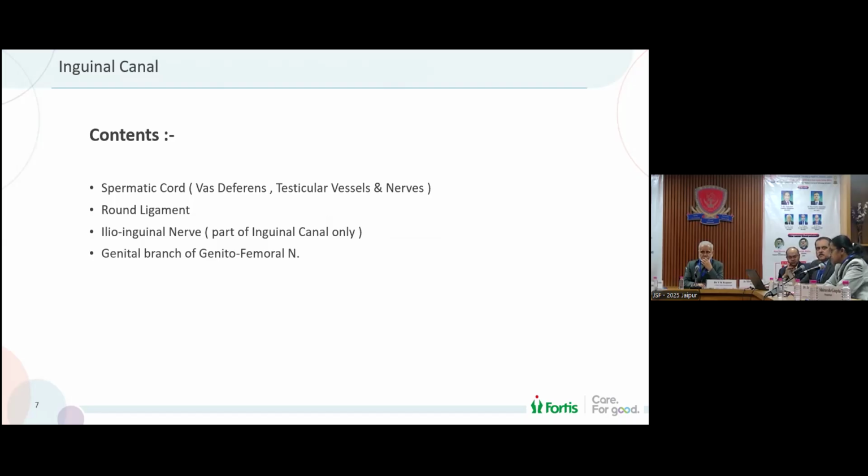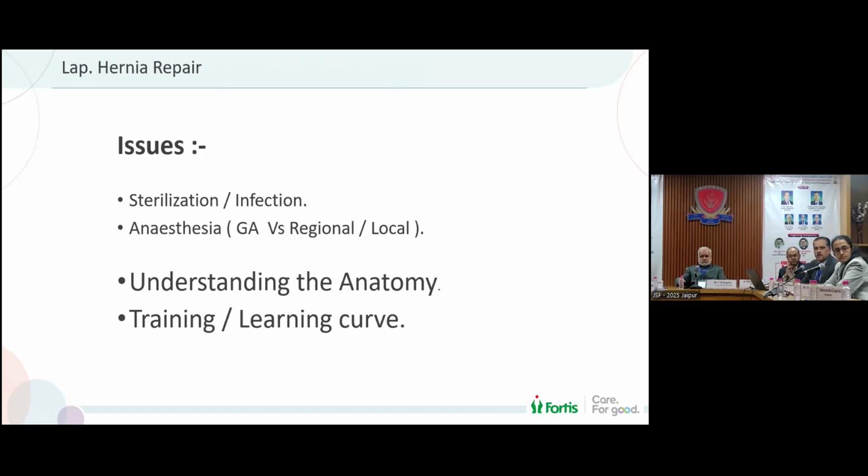Contents in male patients: the spermatic cord, formed by vas deferens and testicular vessels and nerves. In females, it is the round ligament, the ilioinguinal nerve and genital branch of genitofemoral nerve. The ilioinguinal nerve doesn't pass through the deep ring. It pierces the muscular part of the canal and traverses the canal only.